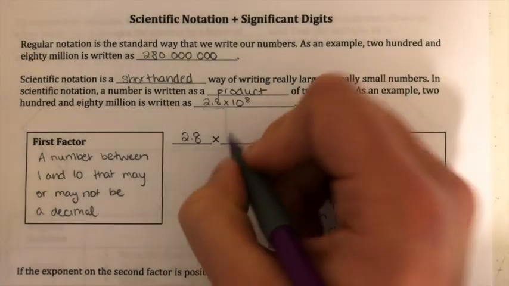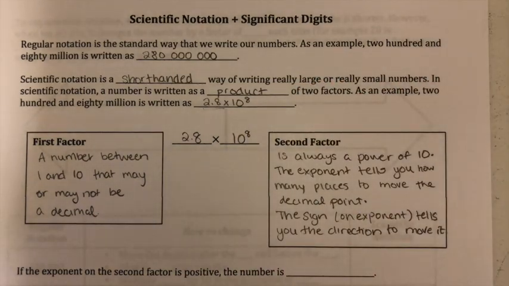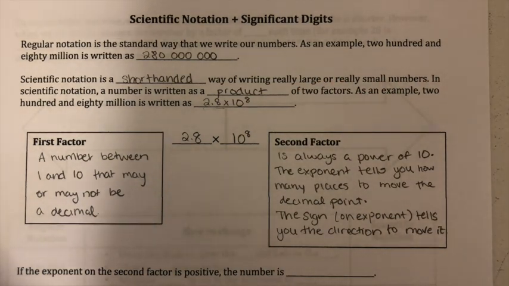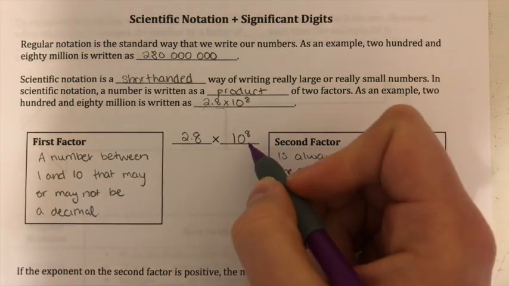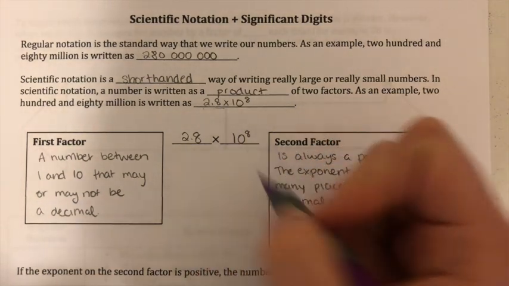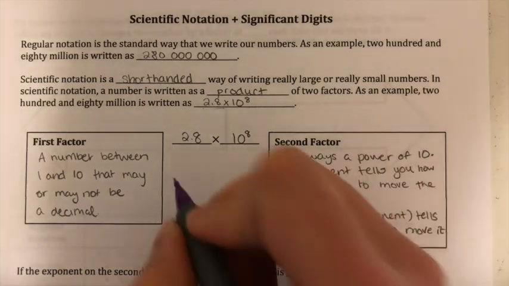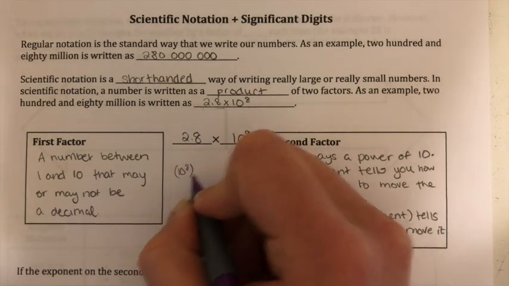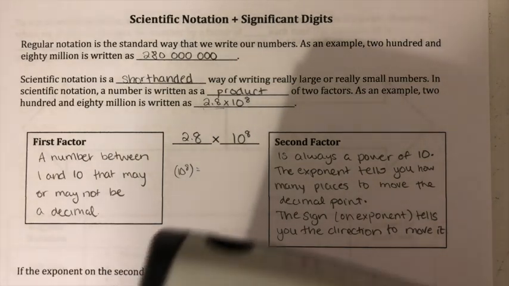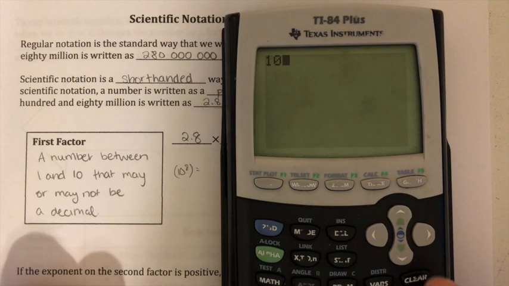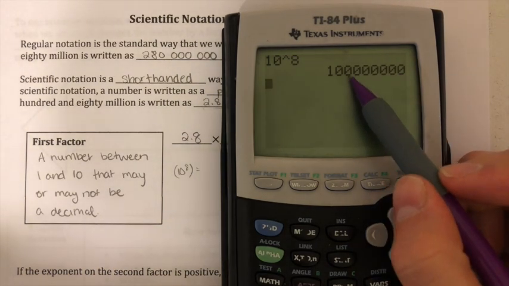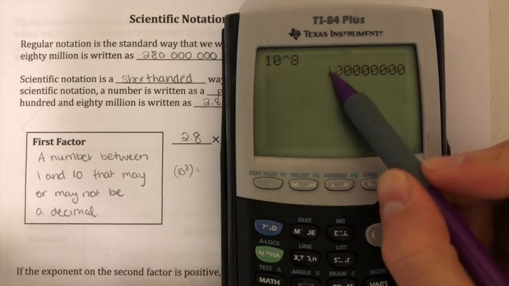Okay, so 10 to the 8, remember from the exponents unit in grade 9 that this is 10 times 10 times 10 times 10, 8 times, right? So if we think about what that number is, 10 to the 8, and if I do that in my calculator, just for quickness, 10 to the 8 is, this is 1, 2, 3, 4, 5, 6, so this is 100 million.